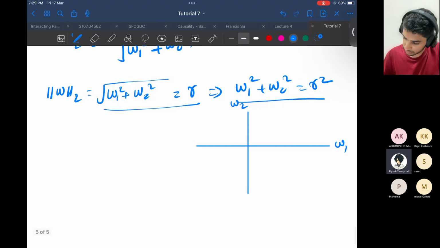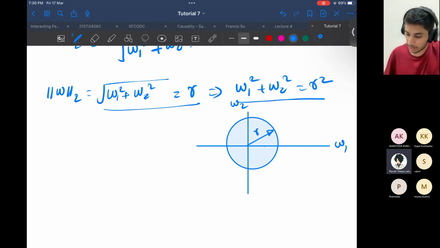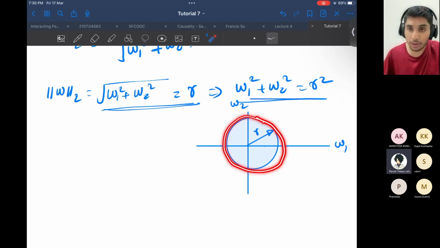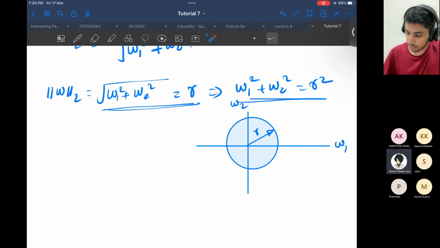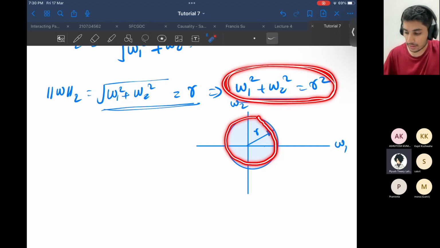I hope you will agree that this thing is equivalent to this thing. That means that all the points on the boundary of this circle are feasible points for me. They are good enough because they all satisfy this relation, right?